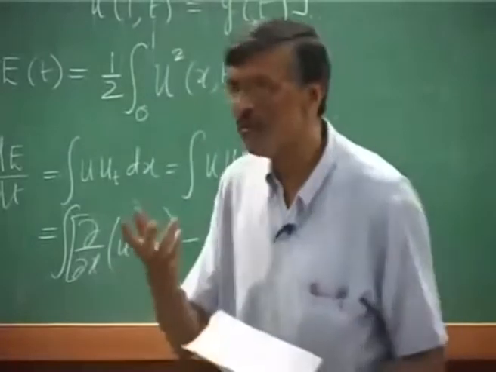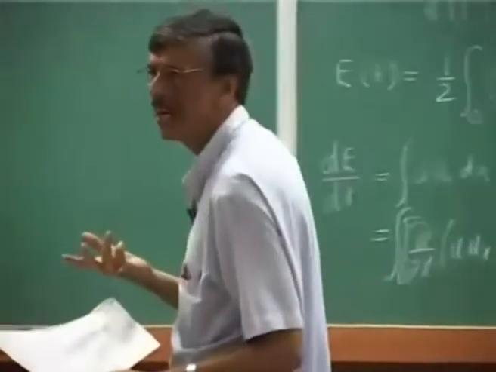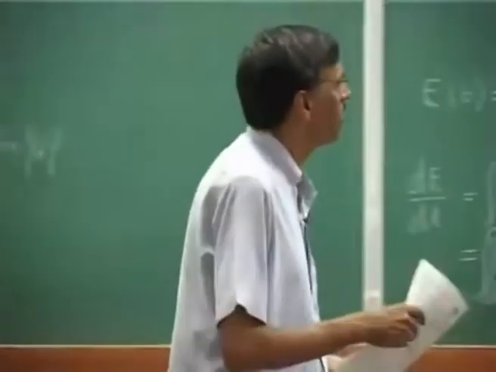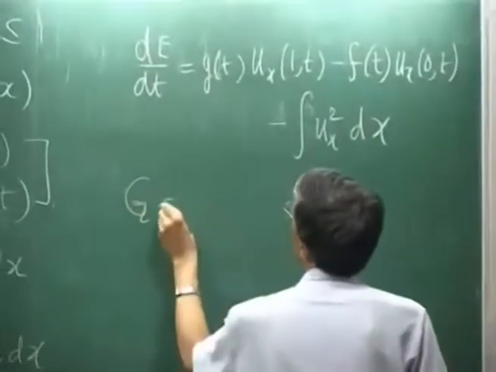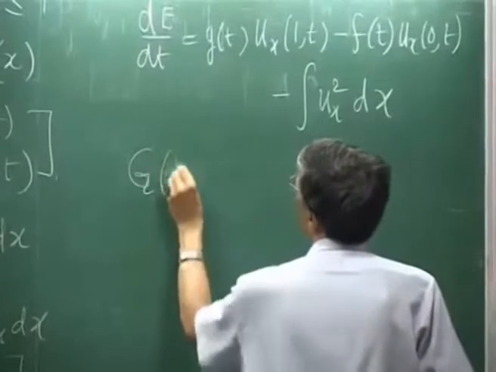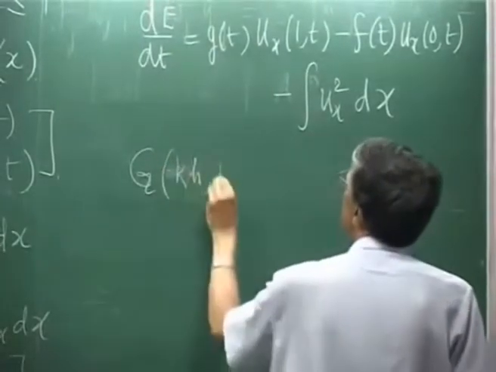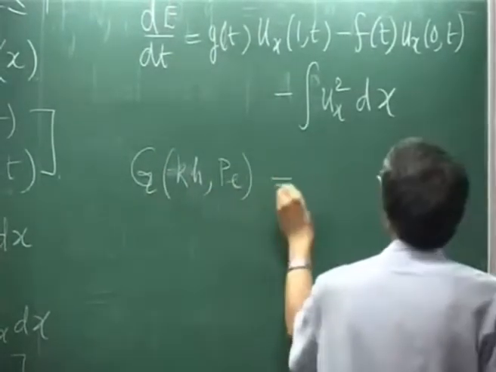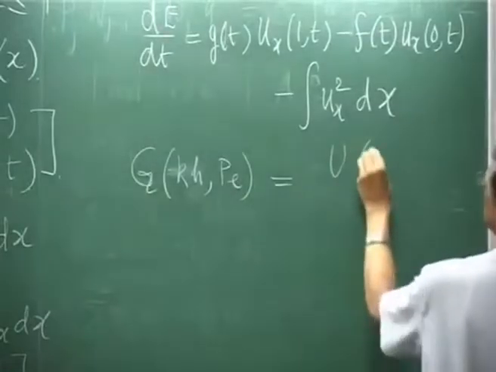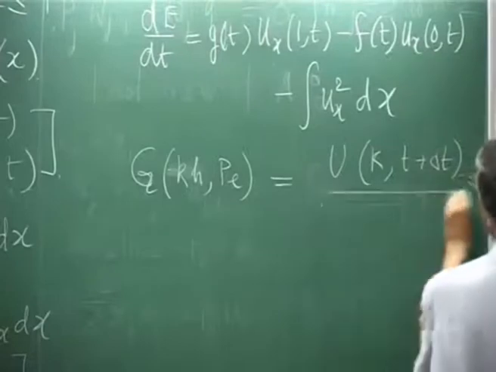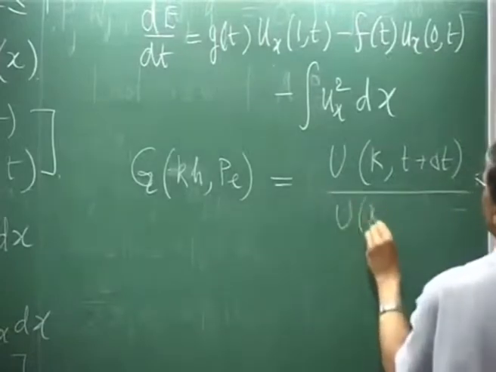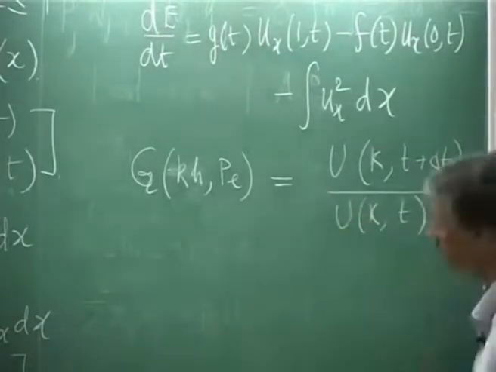Please think of it the way we have defined that numerical amplification factor. If you recall, for this heat equation, it was something like u of (kT plus delta T) divided by u of kT.